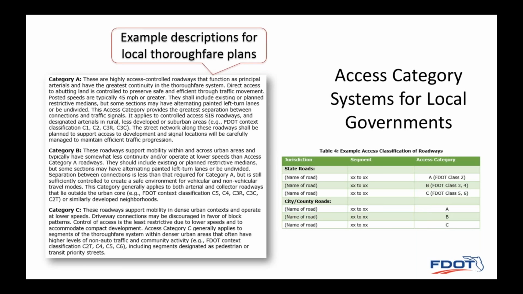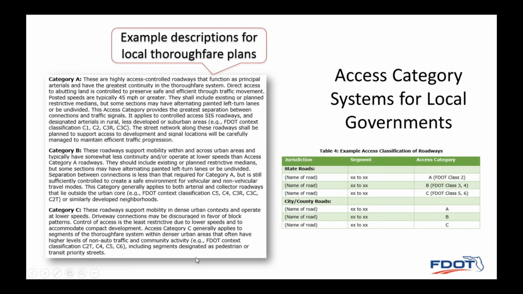And then C would be more of your dense urban context. You want lower speeds, you have more community activity, pedestrians and bicyclists are out there, and so those areas are going to be closer to your compact urban or your small town main street and your general urban areas.